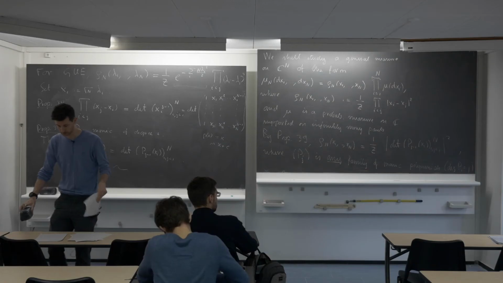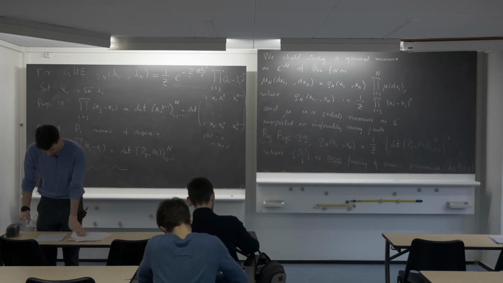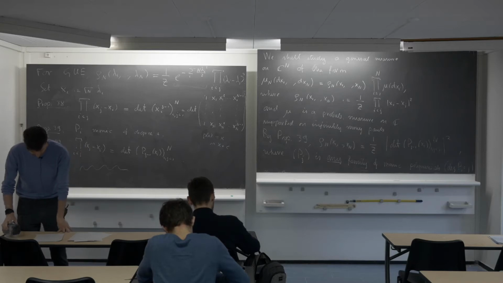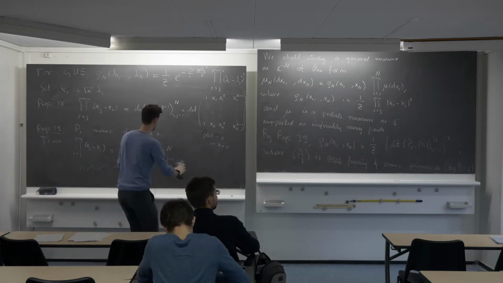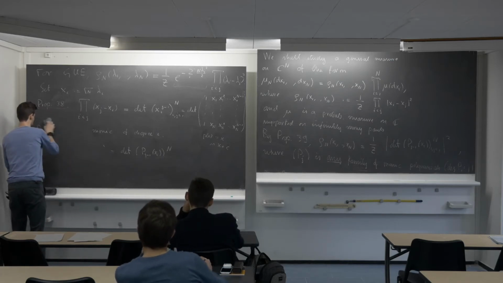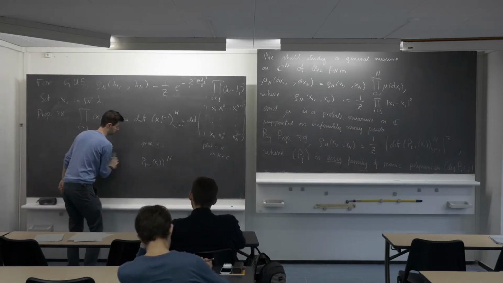Okay, so this is what we have. Now, what can we do with this? Let me try to compute this determinant, this absolute value square of the determinant, a bit more explicitly.